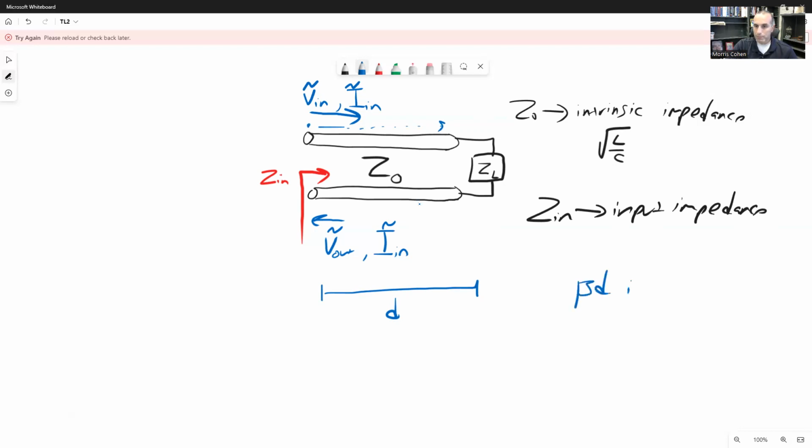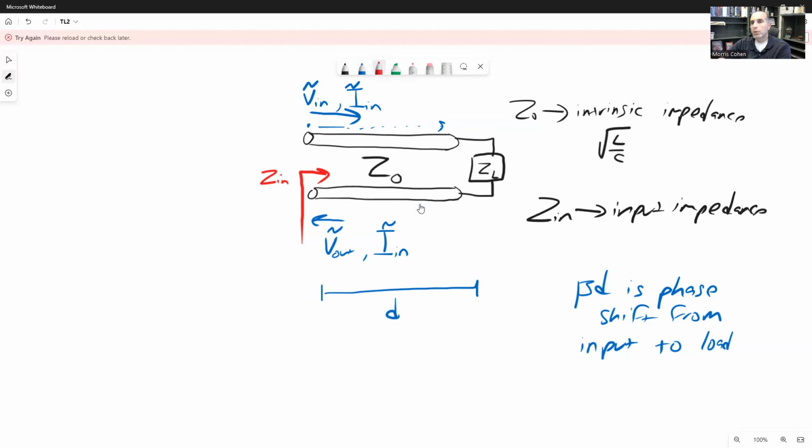Beta d is the phase shift from the input to the load. And the same at the output, right? There is also an output that after reflection, you're changing the phase on its way out to reach the exit point where you originally injected things.